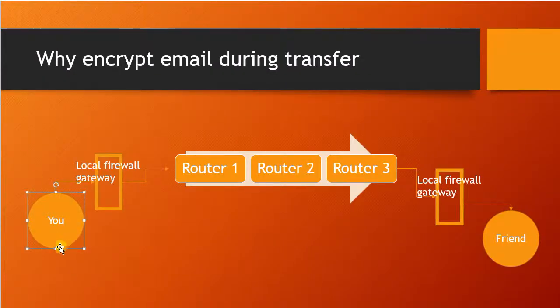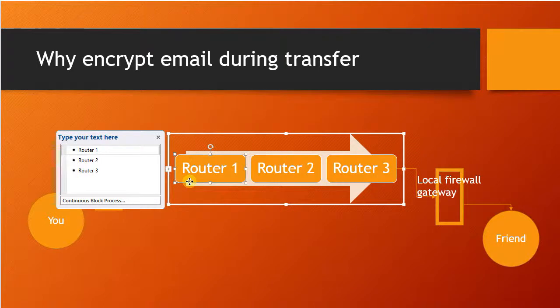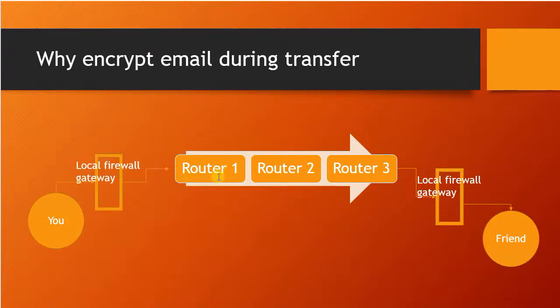You send the email out and it goes out through your home or company's gateway. After it goes out, it will reach the service provider's router. It will take a couple of routers until it reaches the destination server.